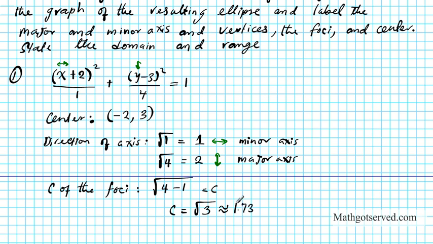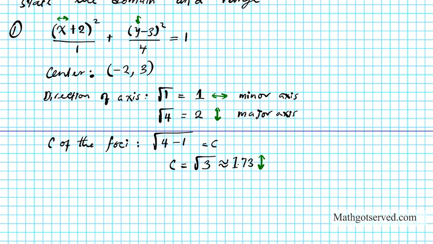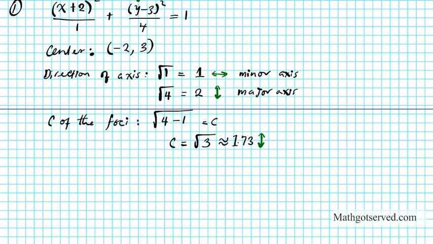Now the question is, what direction should your foci go? It always goes in the direction of the major axis, okay? So since the major axis was up and down, the C of the foci is going to follow that direction, and it's going to go up and down also. All right? Now we have all the information we need to generate the graph of our ellipse. Now we want to plan so that we allocate sufficient space to our graph.